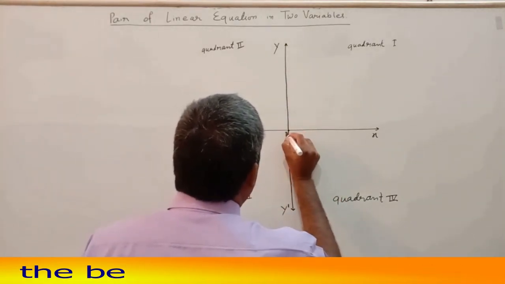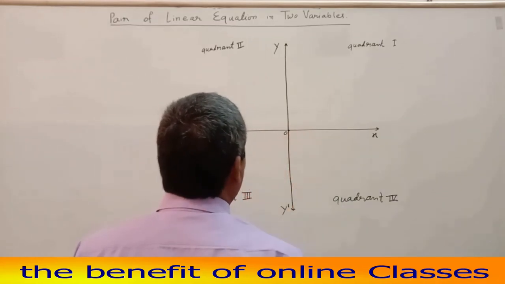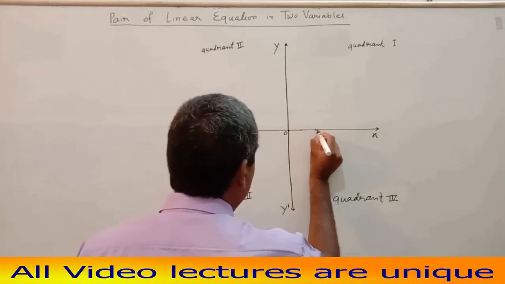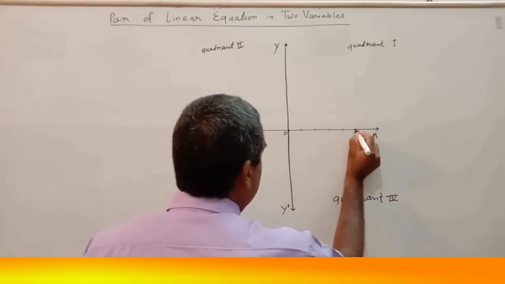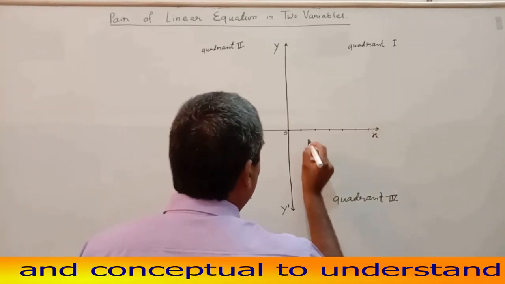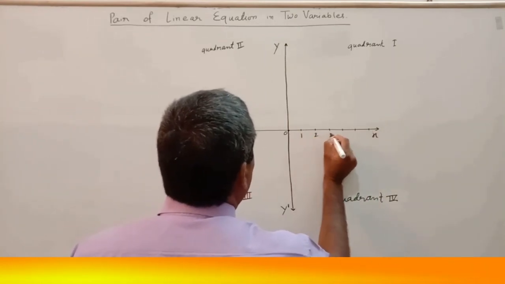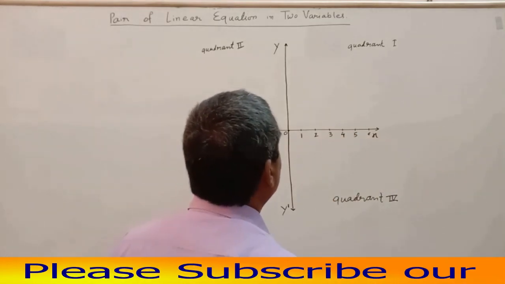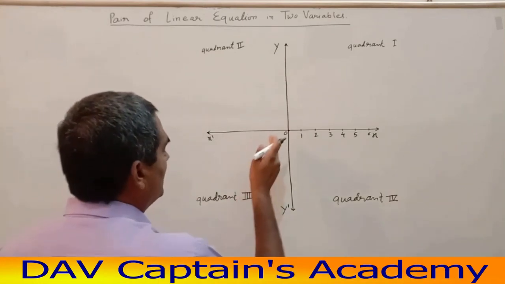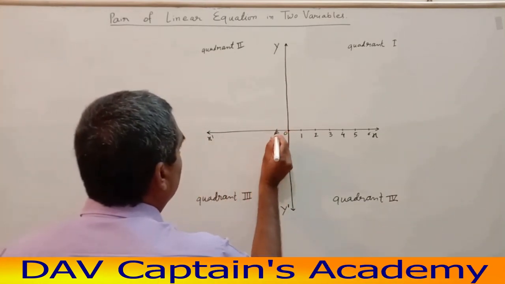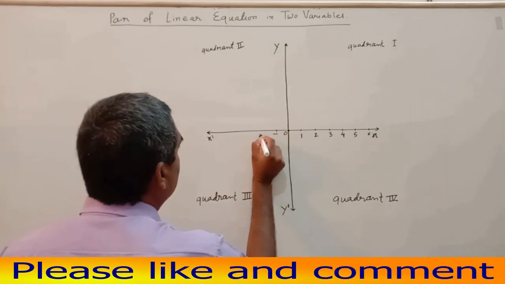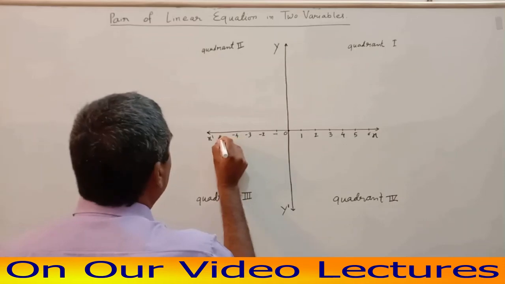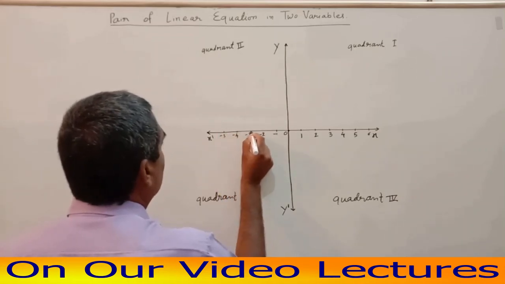This point is called the origin. As we move to this side on the number line, we get positive numbers 1, 2, 3, 4, 5, 6. And from the origin, if we move to this side, we get -1, -2, -3, -4, -5, and so on.